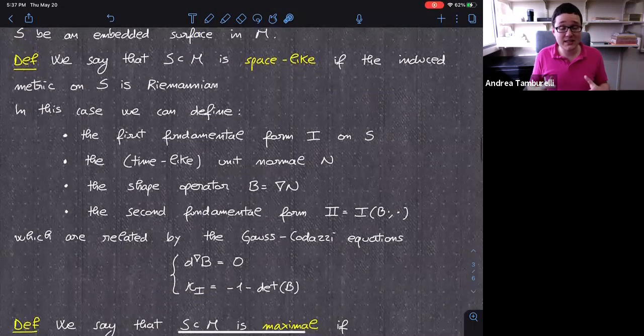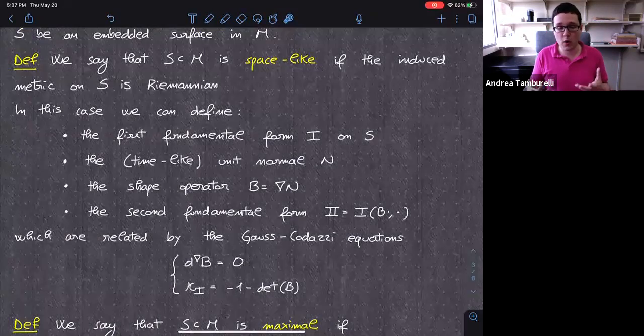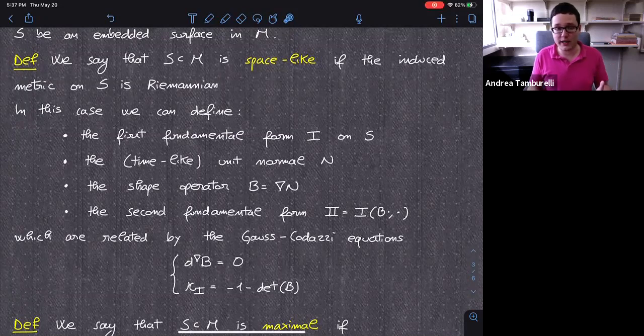And this condition is enough in order to define all the usual tensors, the usual quantities that we already saw in hyperbolic geometry. So we can define its first fundamental form, which will be an induced Riemannian metric on S. We can define the unit normal, which now will be time-like for signature reasons.